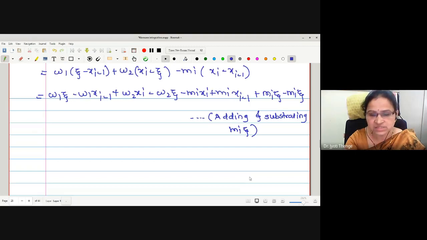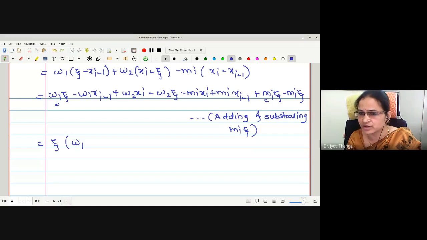Okay. Now in the next step, we will collect the coefficients of zeta, xi and xi minus 1 separately. Therefore, the first coefficient I will collect is of zeta. The first term has the coefficient W1. Next, it has W2, but instead of this I will take the added term, the minus term. Therefore, this is W1 minus Mi. What are the coefficients of xi minus 1? This is minus W1. One more here having Mi.